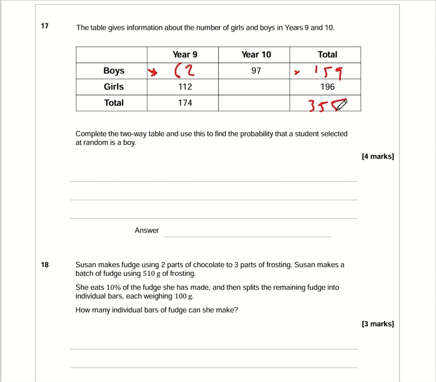The grand total, 355, minus 174 year 9s is the total number of year 10s, which is 181. And of the 181 year 10s, 97 are boys, so the rest are girls. If I subtract 97 from 181, I've got the year 10 girls, and that is 84. Worth checking, is 84 plus 112 196?